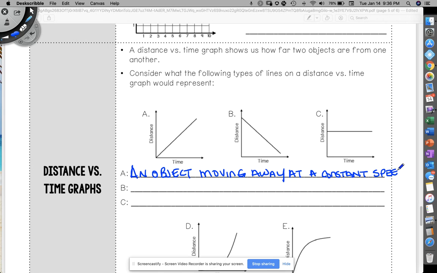Let's look at B. Now, B, if you notice, it's coming down. It's coming down closer to time. So it started far away and now it's getting closer.